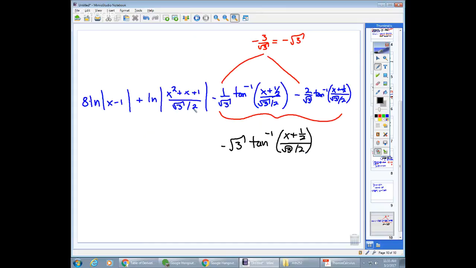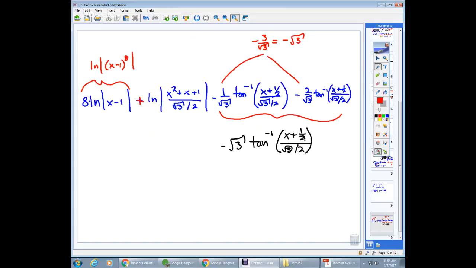These guys here we could bring together as a multiple if I bring the 8 in as a power. So keep in mind that I could rewrite that right there as the natural log of the absolute value of x minus 1 to the 8th. And then the sum of two logs is the log of their product.